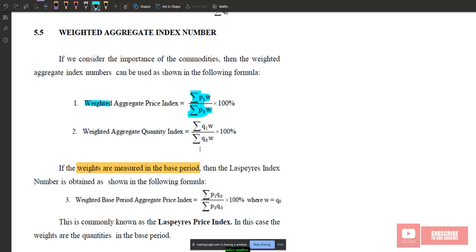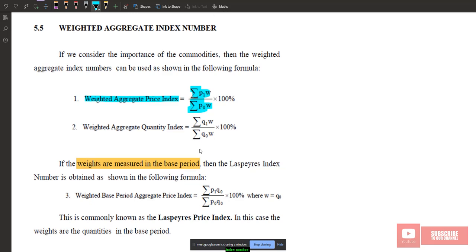So this is the weighted aggregate price index. If weight is the base year, we need to replace W equal to base year. If it is price, weight should be Q for base year. If it is quantity, weight should be price for base year, right?